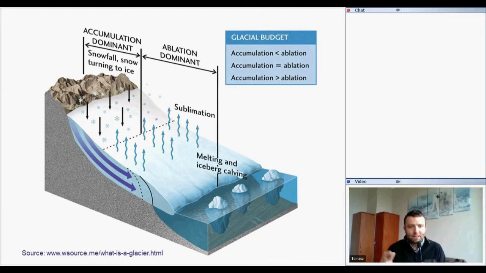And there is glacial budget, which is the water balance of the glacier. If the accumulation is lower than ablation, the balance is negative, so the glacier shrinks. If accumulation is higher than ablation, the glacier grows. It can also be equal, accumulation to ablation, so the glacier will stay in the same place.